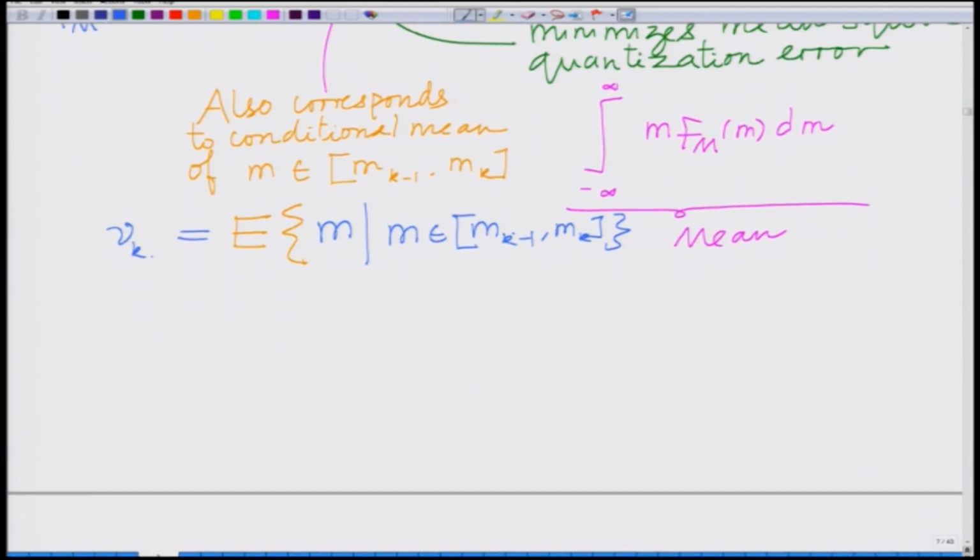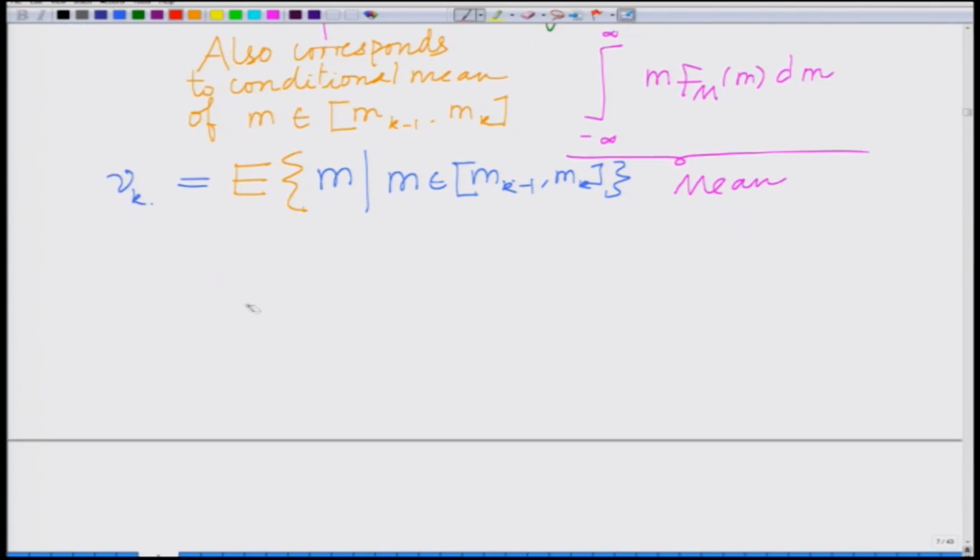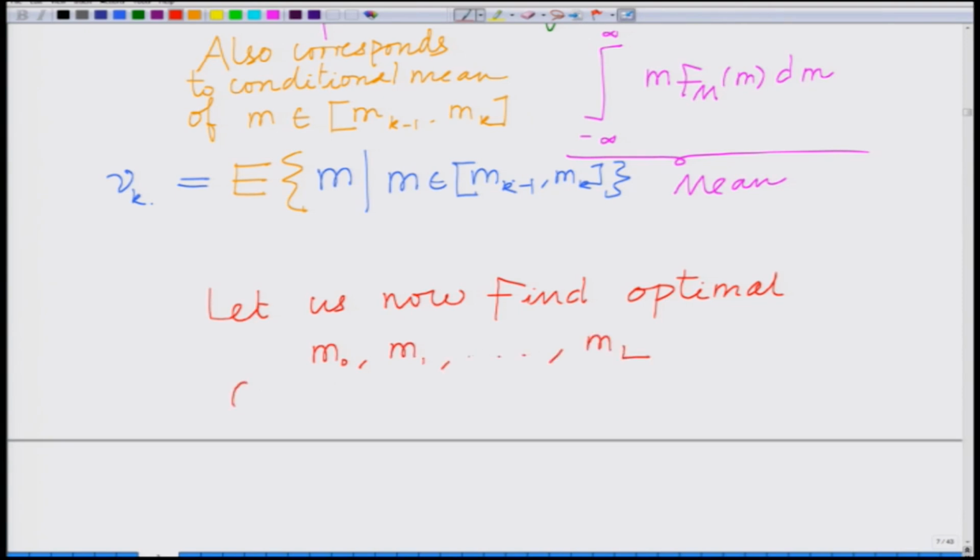So now let us look at the other problem, that is, finding the optimal m_0, m_1 up to m_L, given nu_1, nu_2 up to nu_L.